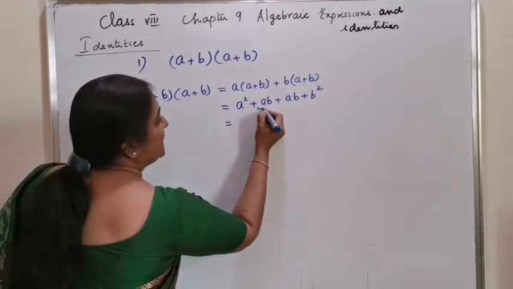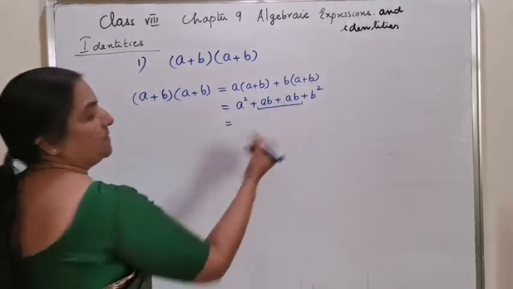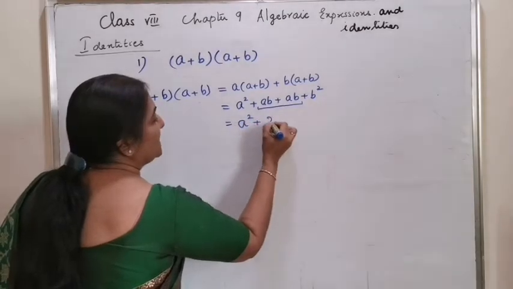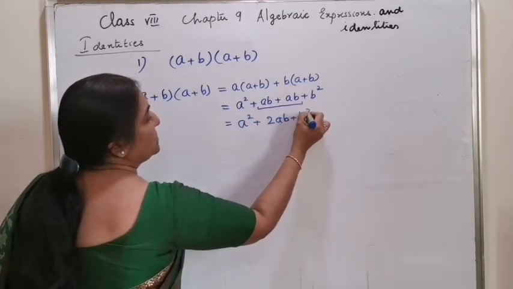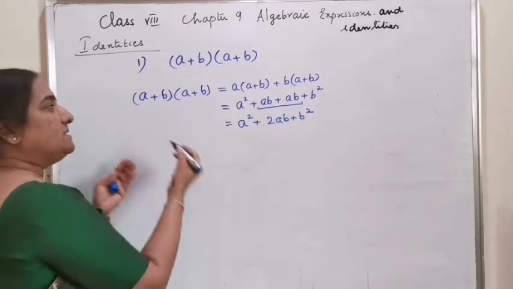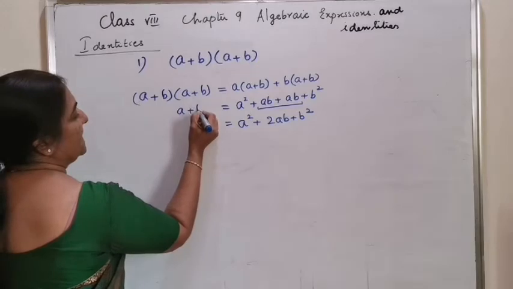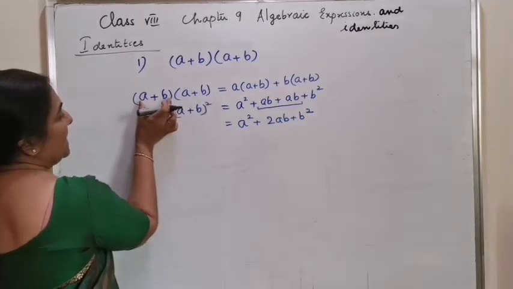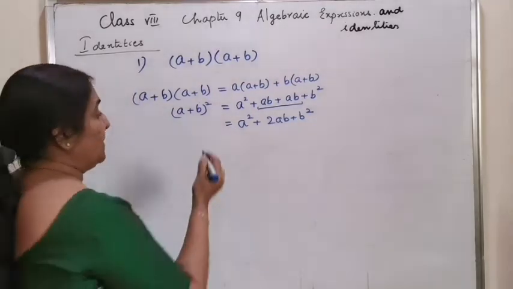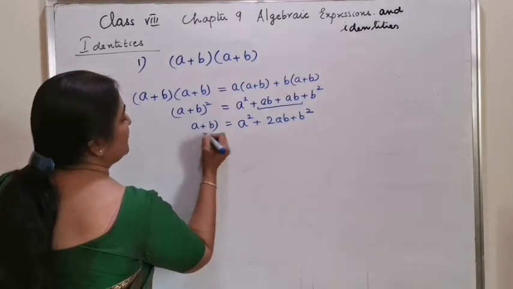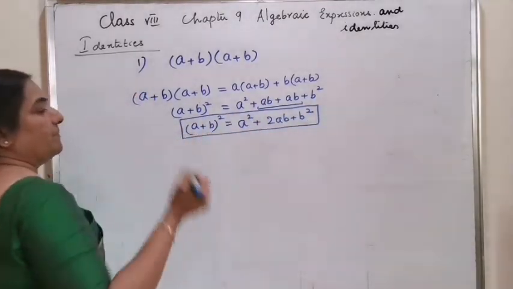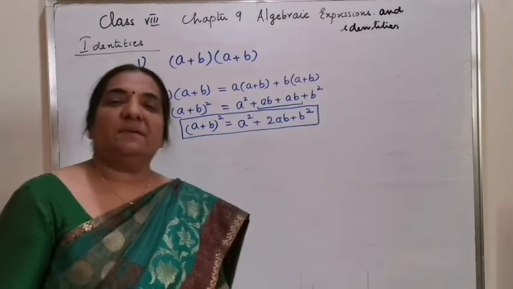Now, the like terms, 1ab and 1ab will be added as 2ab, or a square plus 2ab plus b square. Let us rearrange the left hand side as a plus b whole square, because a plus b into a plus b is the same as a plus b the whole square. So the first identity is a plus b the whole square is equal to a square plus 2ab plus b square.